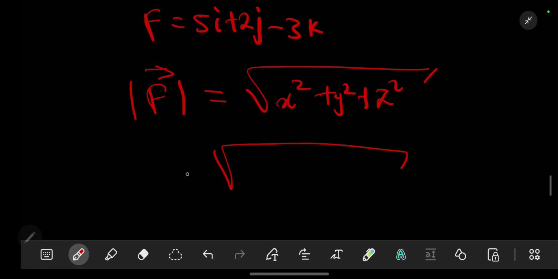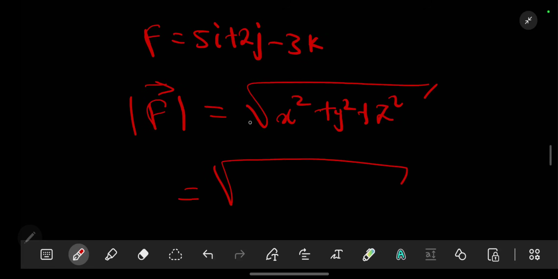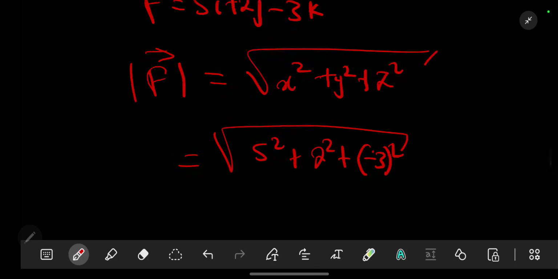So x squared is 5 squared, plus our y, 2 squared, plus our z, which is negative 3 squared, like that.